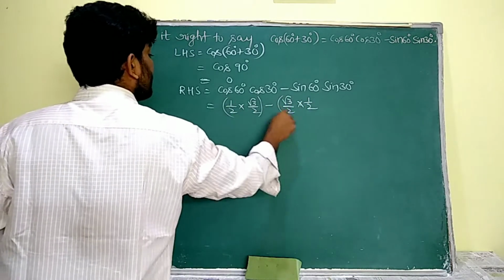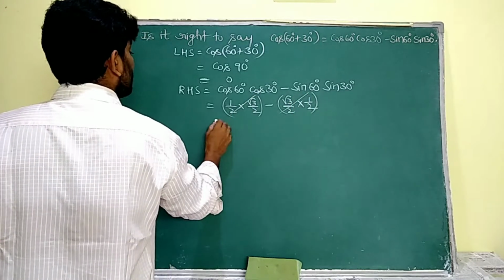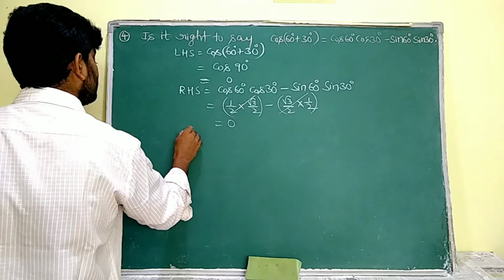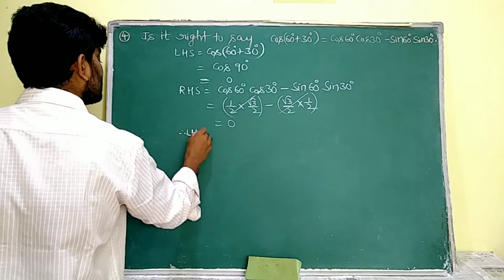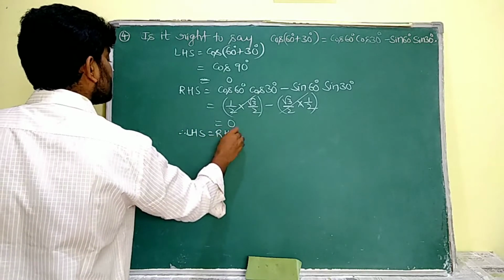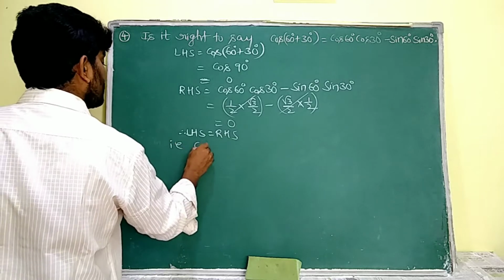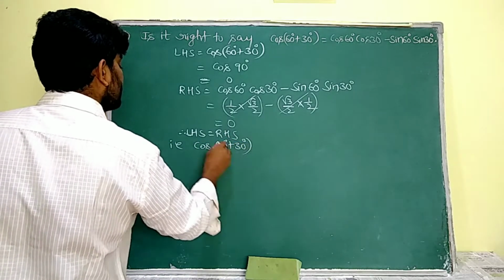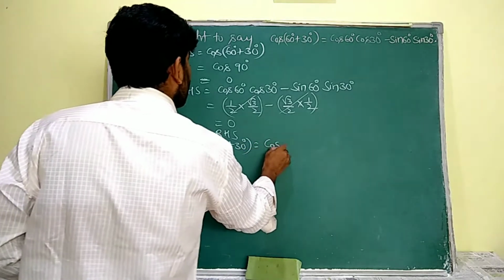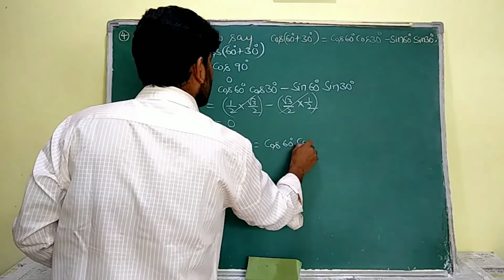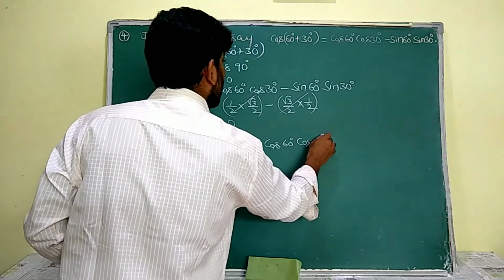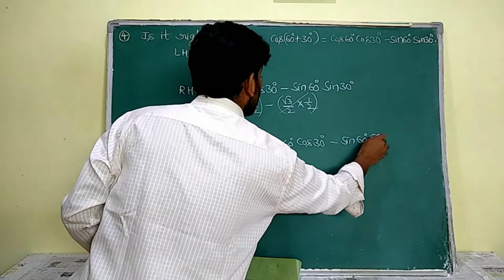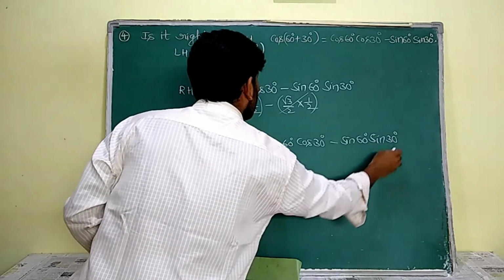These two are of the same values, so these two are going to be cancelled and this is 0. Therefore LHS is equal to RHS, that is cos 60 degree plus 30 degree is equal to cos 60 degree cos 30 degree minus sin 60 degree sin 30 degree.